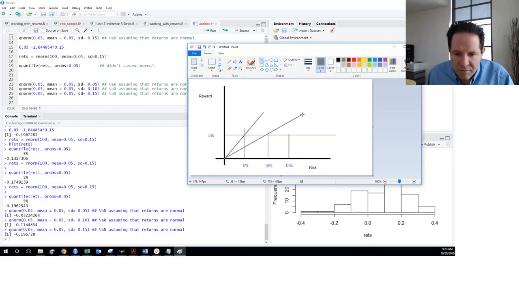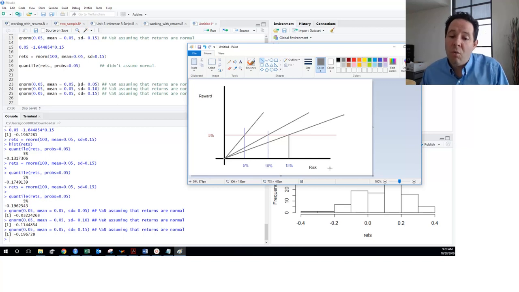You do the same thing for these other points. 5% divided by 10%, the slope of that line is 1/2, and that gives you this risk reward trade-off. Same thing here, 5% to 5%, there's a 1 for 1, and then this is 1 for 3. 1/3 would be the slope there.